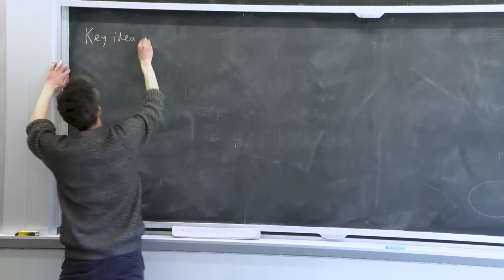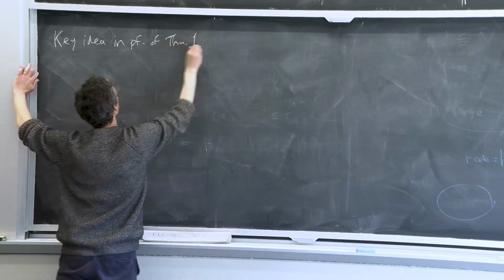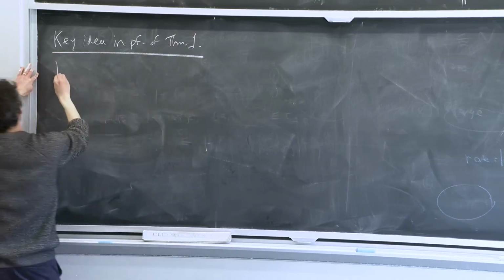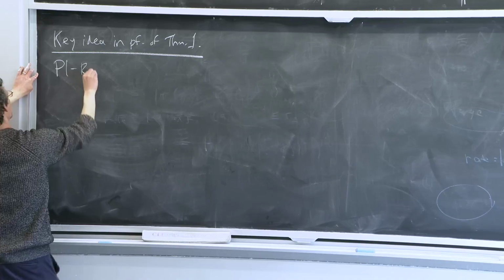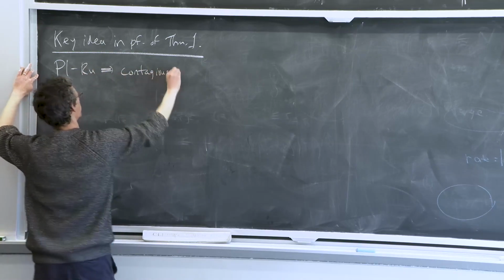Key idea in the proof of Theorem 1. The key idea was based on the Plünnecke-Ruzsa inequality, and it was an idea that I called contagious structure.